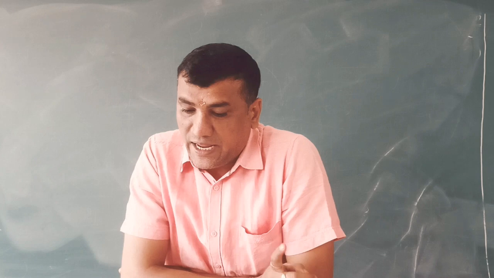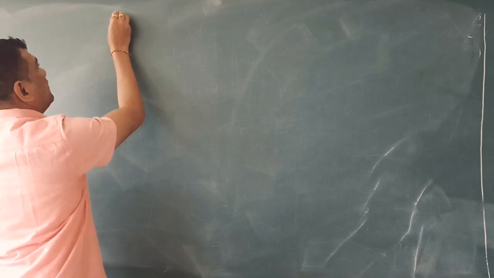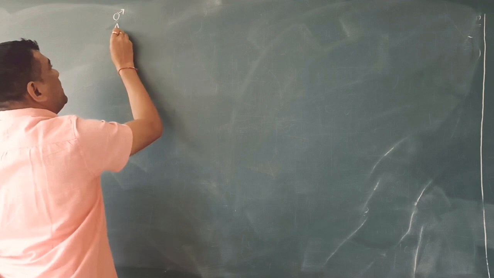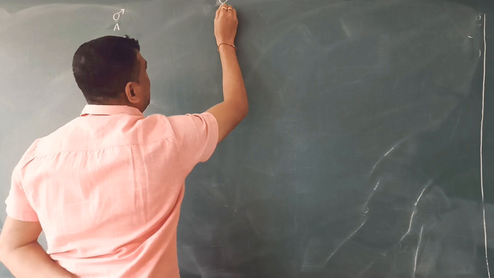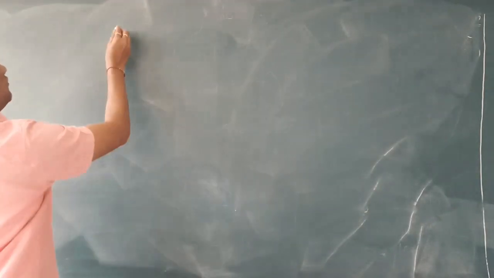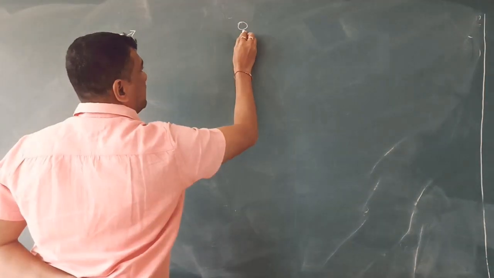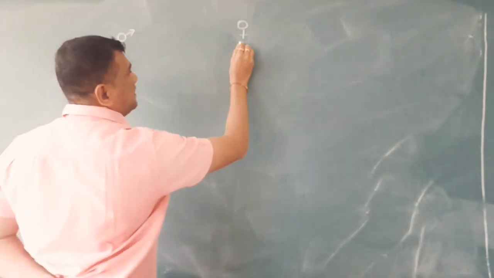A man of A blood group, father, is going to marry a mother with the AB blood group. Father is A. Mother is AB.